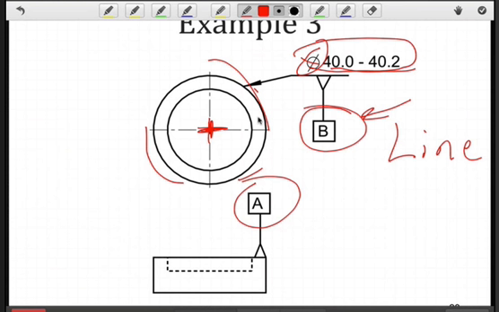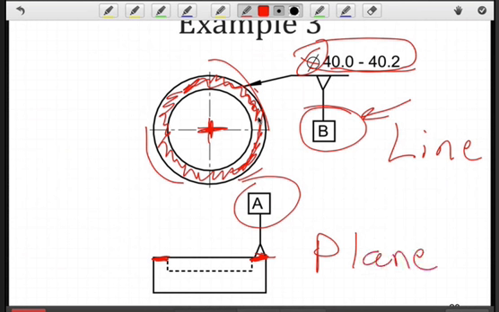And then A is on the top surface here. If you note, A corresponds to this datum feature, which is a 2D annulus. So the question is, what datum, point, line or plane, would correspond to that 2D annulus? Well, I have a flat surface, therefore I'm going to abstract that into a plane.